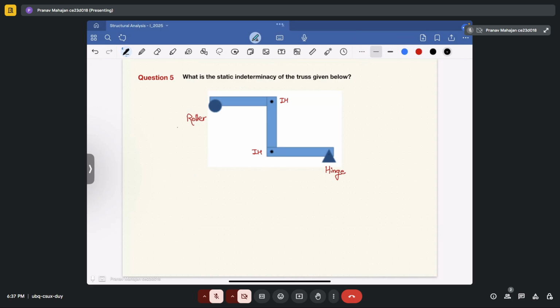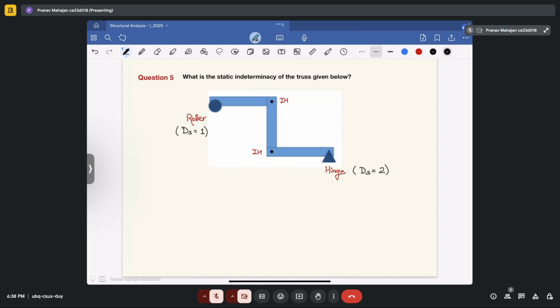In this case, your degree of static indeterminacy comes out to be 1, because only one reaction is there in the structure. In case of hinge, your degree of static indeterminacy is 2, because you are having two forces. One is vertical reaction and another is horizontal reaction.